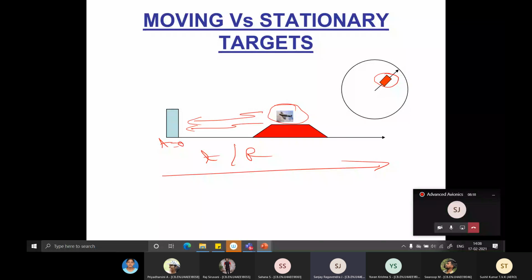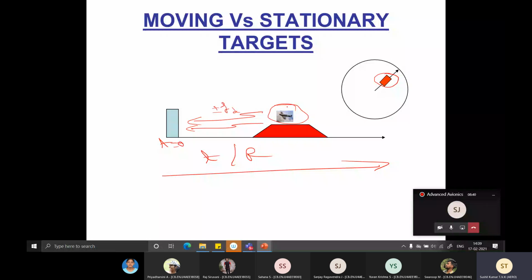Sir, can we use the Doppler effect? Yes, good. Because for any moving target, the reflected signal will have a plus or minus shift of frequency: plus if it is approaching and minus if it is receding.